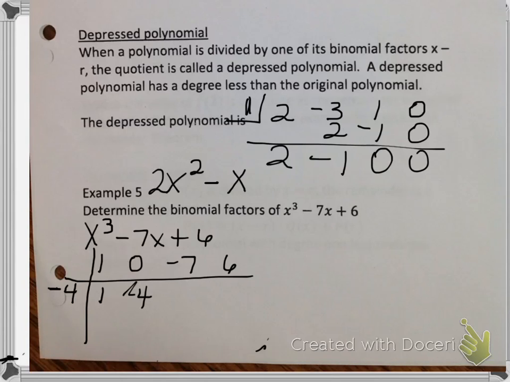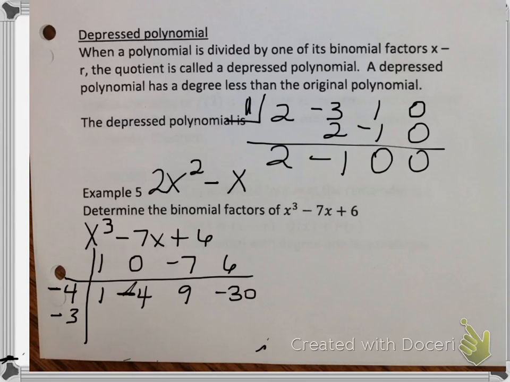I think I messed up right here. This should be a negative. It's a negative, you just can't tell. So negative and negative, that's a positive 16. So that's going to give me a positive 9. And negative 4 times 9 is negative 36. So negative 36 plus 6 is negative 30. Notice this is not a factor. Okay, I don't get 0.